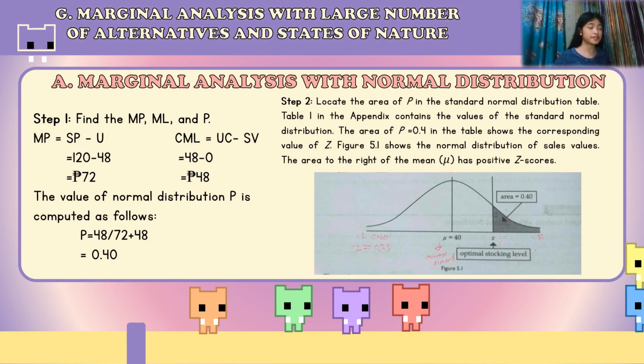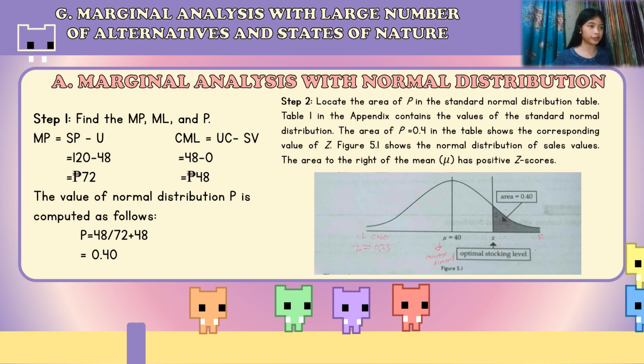And now, for the step 1, we have to find the MP, ML, and P. For the MP, or the marginal profit, we just have to deduct the cost per plate to the selling price. So, 120 minus 48 is equal to 72. And for the marginal loss, we just have to deduct SV from the cost per plate. So 48 minus 0 is equal to 48.